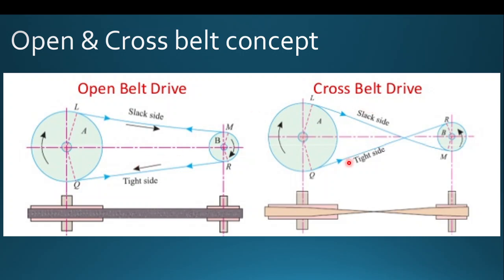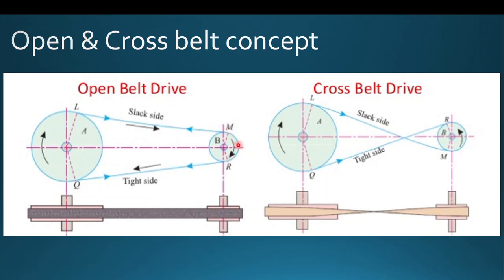Another important difference between these two is the arc of contact between the belt and the pulleys. In the case of the open belt drive, see here, the arc of contact is established between the pulley and the belt, and there also the arc of contact is like that.